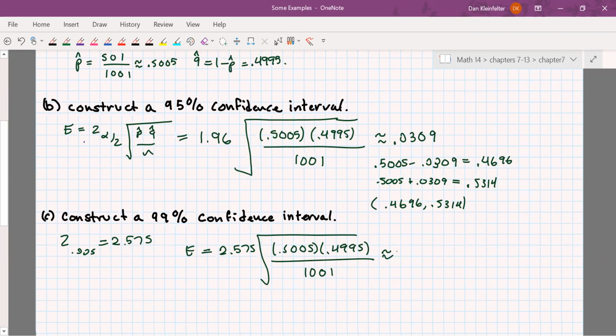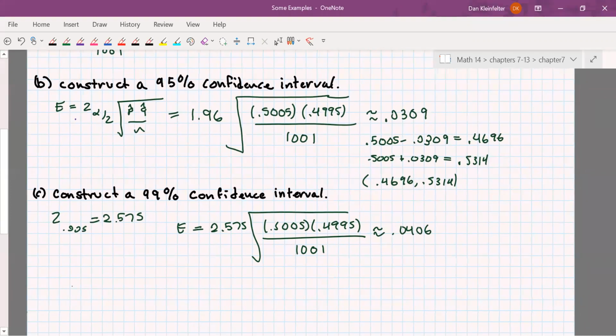While I'm typing this in, you can think about whether the interval is going to end up being wider or narrower than it was before. So we get 0.0406. Then the left end of the interval will still take 0.5005 plus or minus that 0.0406.